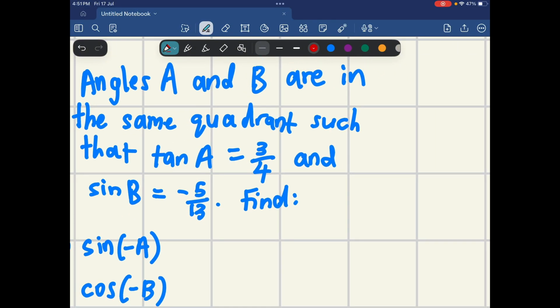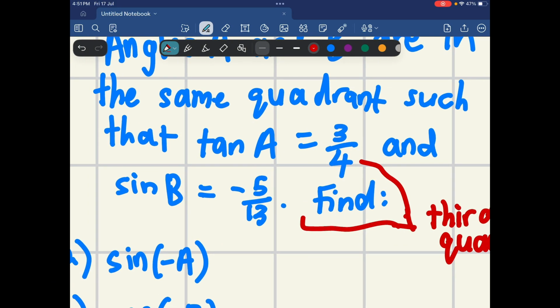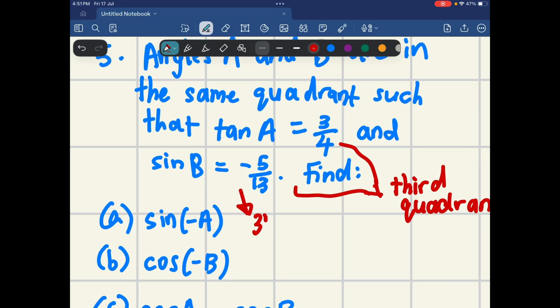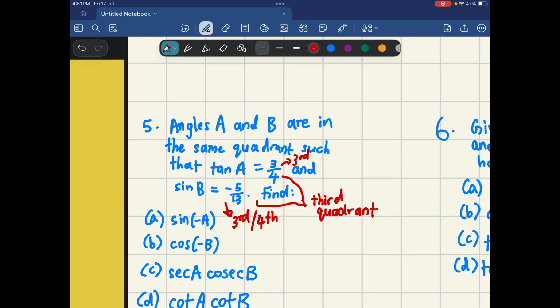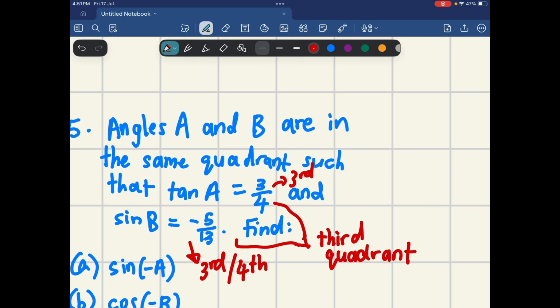So for tangent A to be positive and sine B to be negative, A and B must lie in the third quadrant. Because sine can only be negative in the third and fourth, and tangent can only be positive in the third quadrant. So that's why A and B lie in the third quadrant, since the question states so.